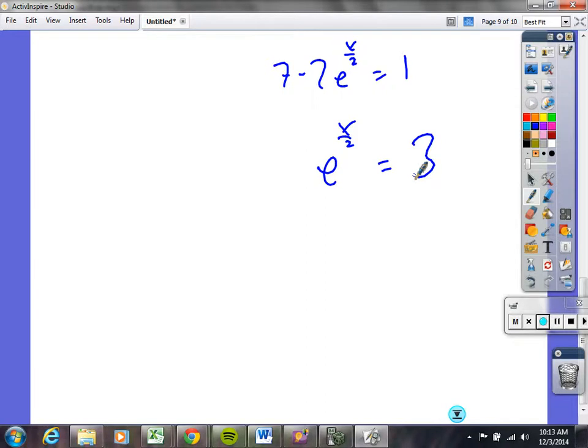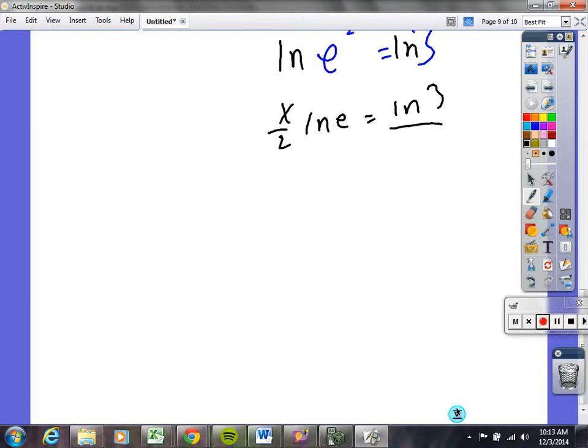Yeah, that's right. Okay? And then once again, if I take the ln of both sides, even if I treated this like e, I would have x over 2 ln of e equals ln of 3.